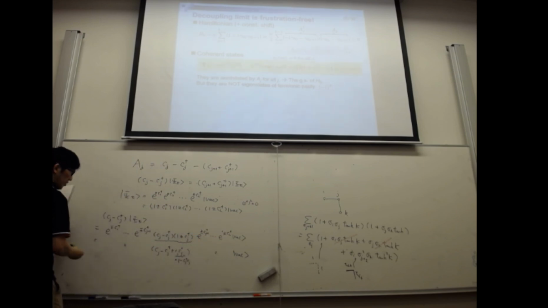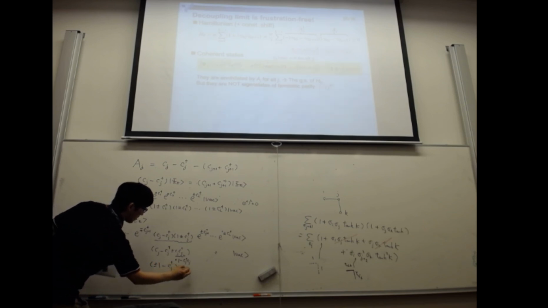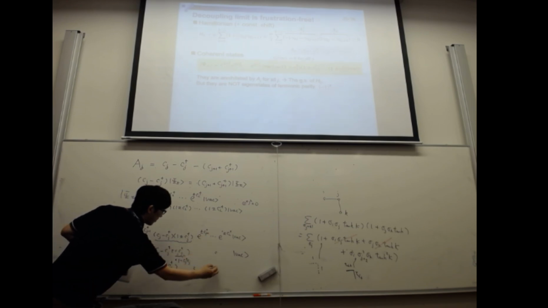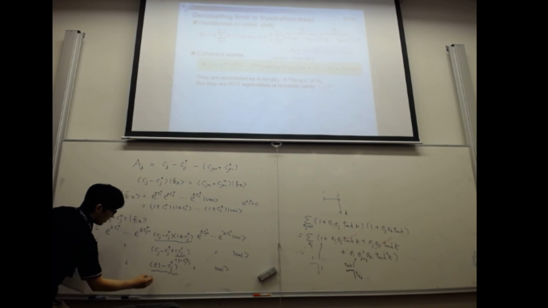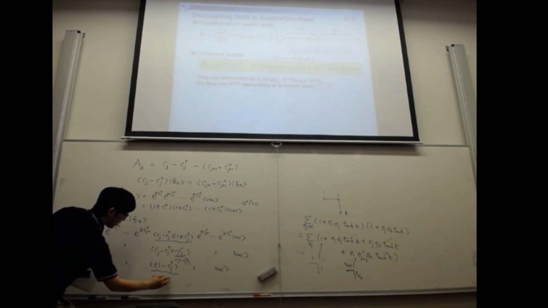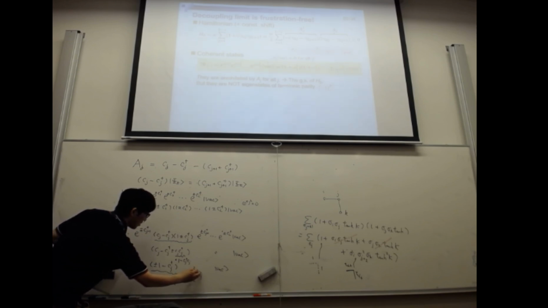This way, you can rewrite it as plus-minus 1 minus c_j dagger, and the rest is the same. But this is nothing but plus-minus 1 minus-plus c_j dagger, and this is the same as plus-minus e to the minus-plus c_j dagger.